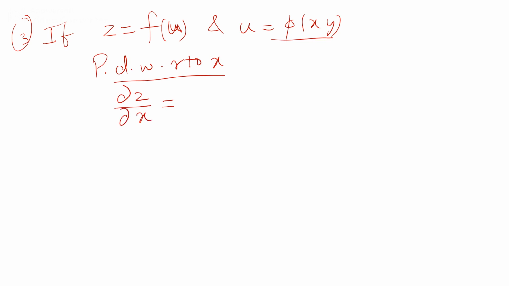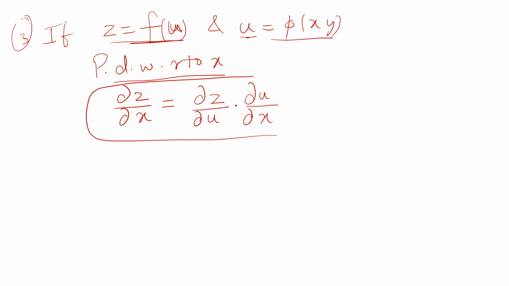Here we apply the chain rule. It means we take the partial derivative of z with respect to u, because z is a function of u and u is a function of x, so we write del u upon del x. So this is the partial differentiation of z with respect to x if z is an indirect function of x and y.